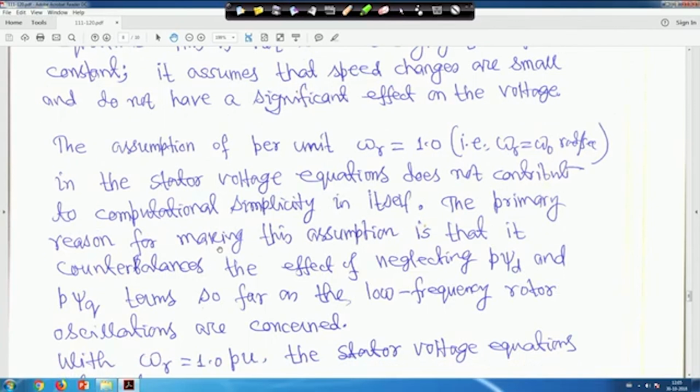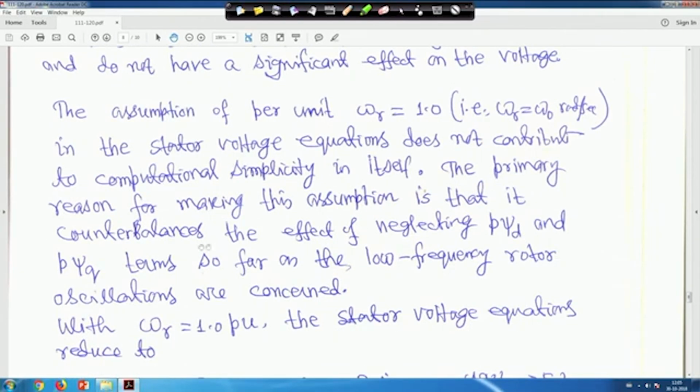The primary reason for making this assumption is that it counterbalances the effect of neglecting the p psi d and p psi q terms so far as the low frequency rotor oscillations are concerned. We will see those things much later.